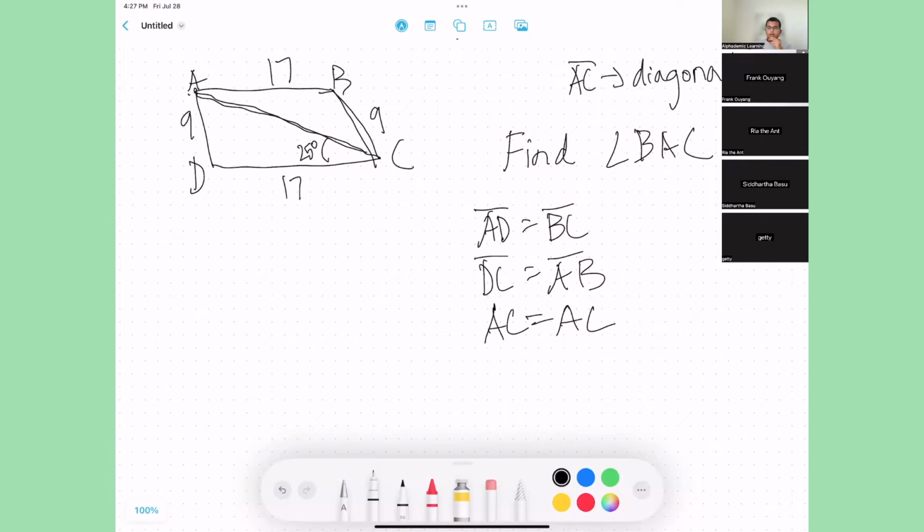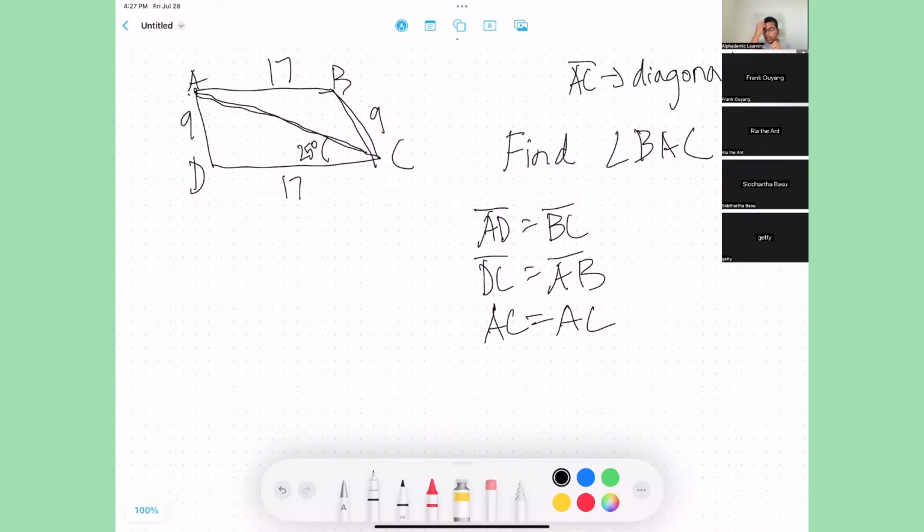So these two triangles meet side congruence, because all the corresponding side lengths of these two triangles are equal to each other.